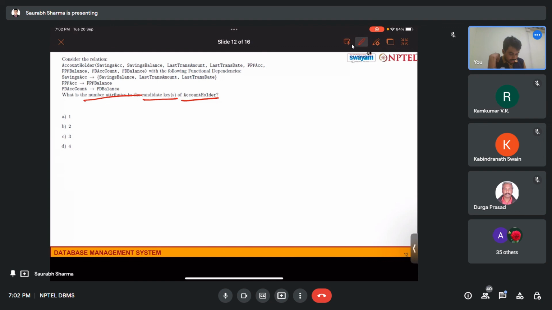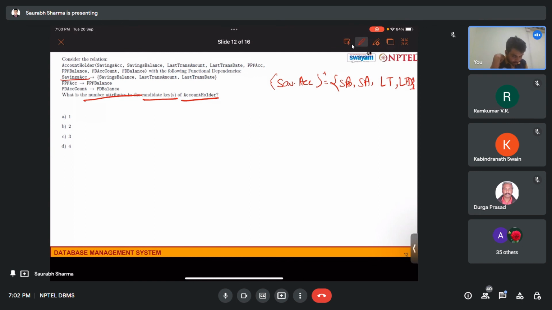Let's see, if we take this saving account and take its closure, what will we get? We will get saving account itself, saving balance, then last transaction amount, last transaction date.